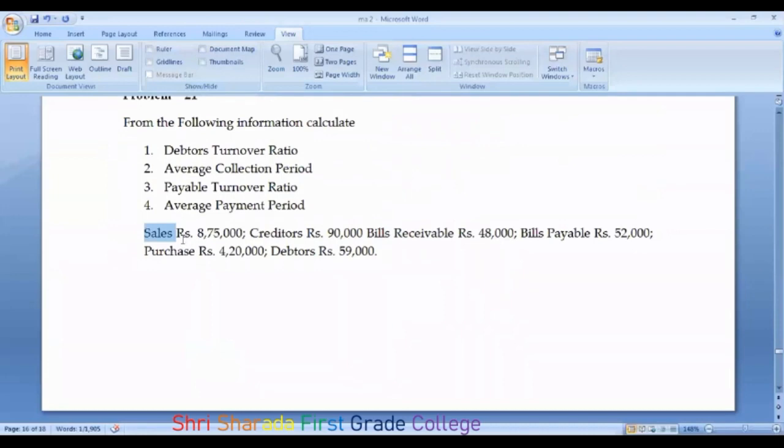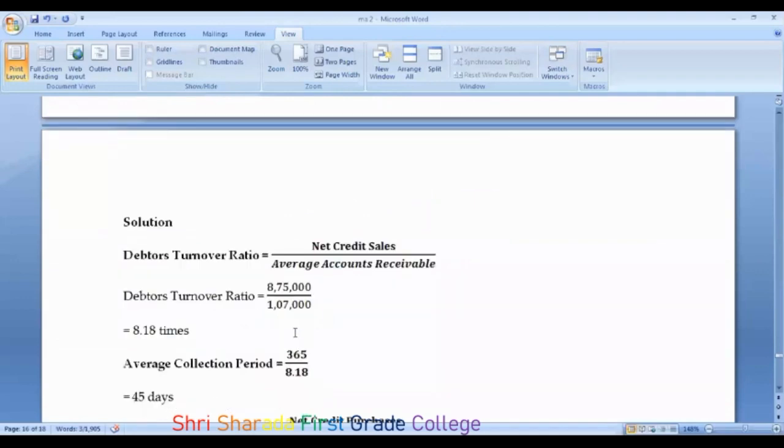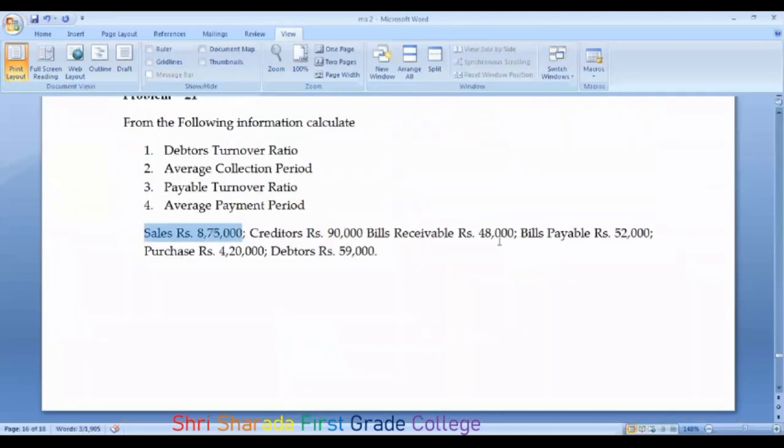See, they have not specified what these sales actually are. Whenever they don't specify whether it is cash sales or credit sales, consider the whole amount as credit sales. Okay. So average accounts receivables will be, bills receivables is given as 48,000.